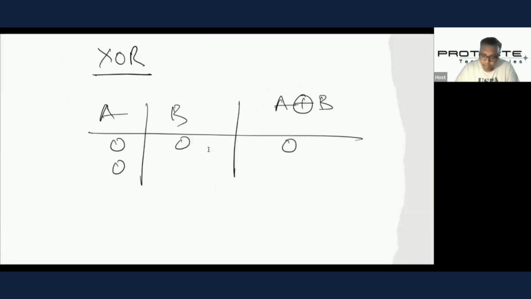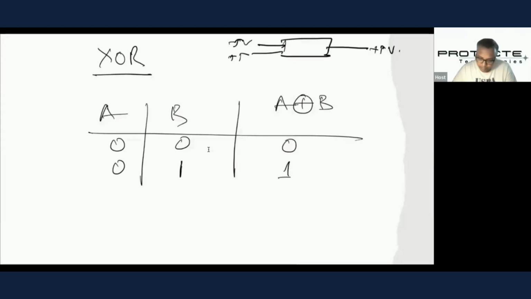If A is 0, B is 1, that means if these two are alternate, then the output will be 1. That means if the inputs to a system are two different inputs, if there is a minus 5 volt and there's a plus 5 volt, the output will be 1, that is plus 5 volt.